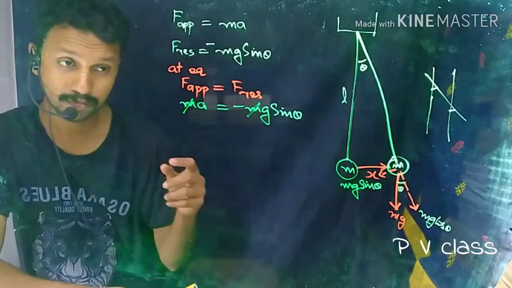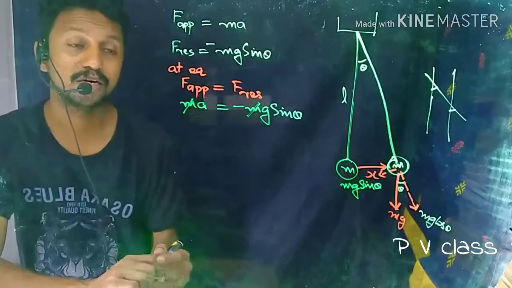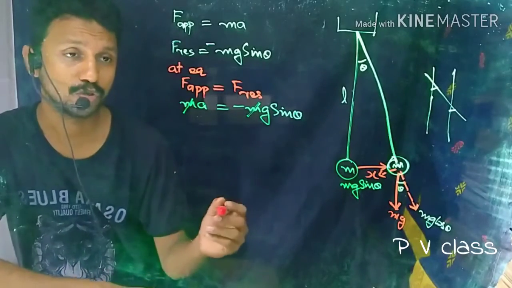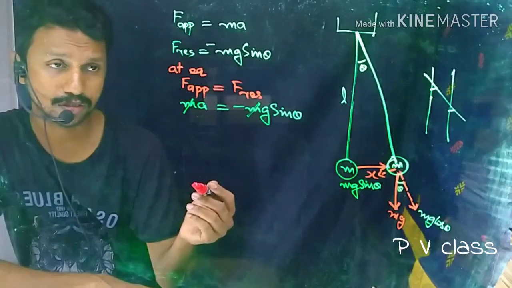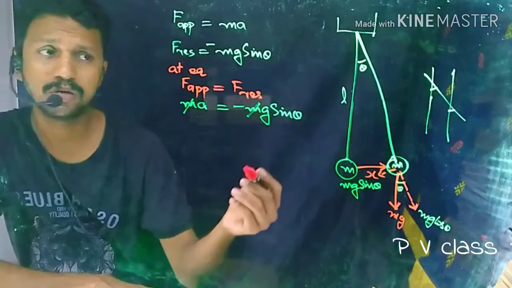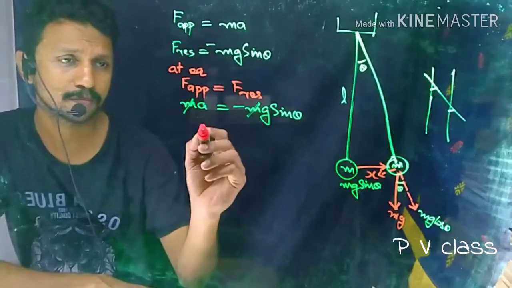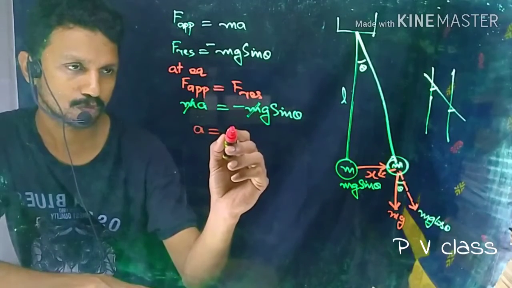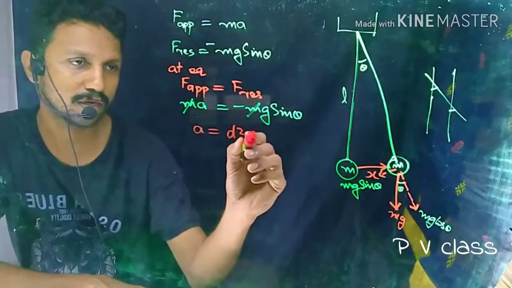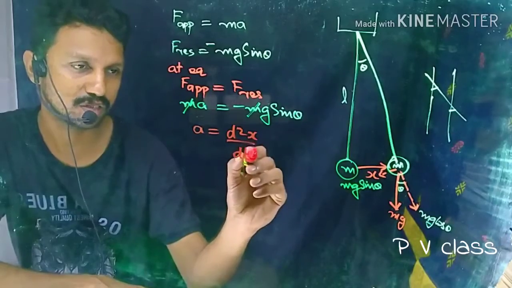Then, from our earlier class, we have learned the acceleration as d square x by dt square.